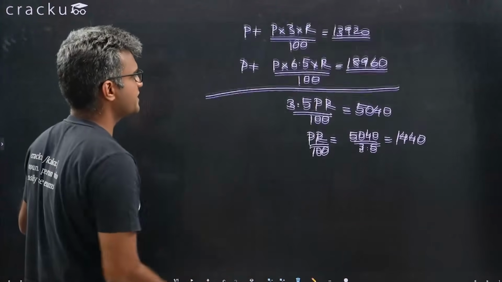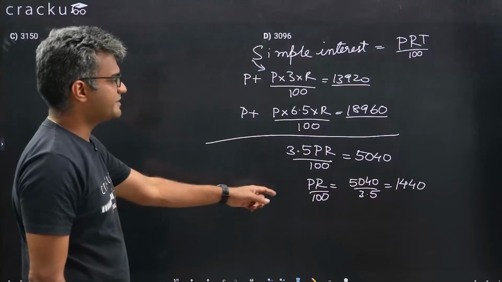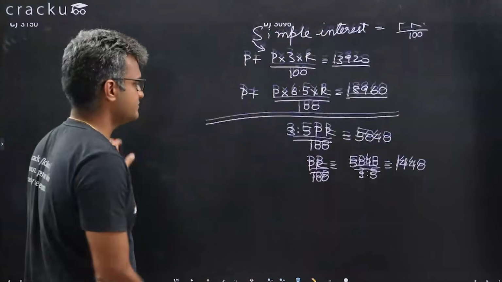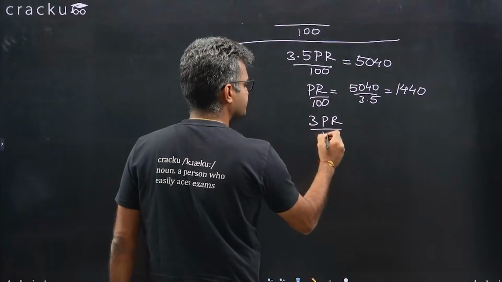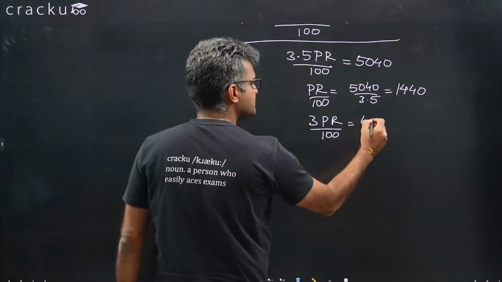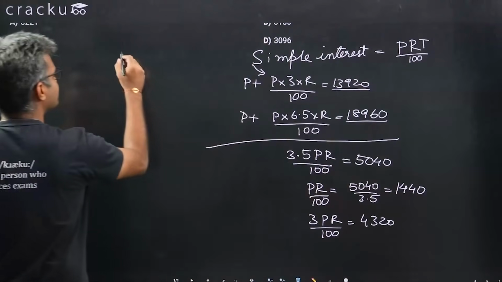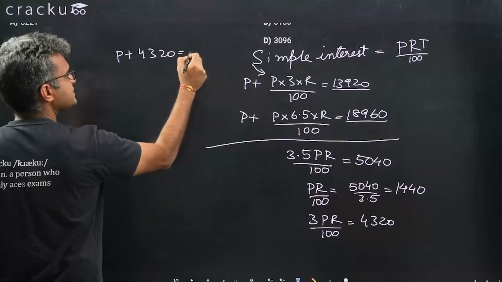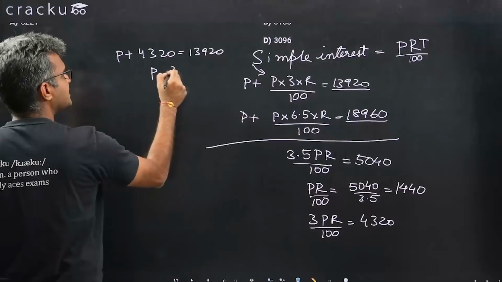So we can substitute PR by 100 in any one of the two equations, because PR by 100 is 1440. 3 times PR by 100 will be 4,320. You can substitute it over here. So the value of P will be P plus 4320 is equal to 13920, or the value of the principal is 9,600.